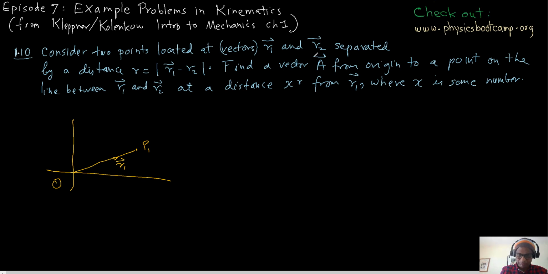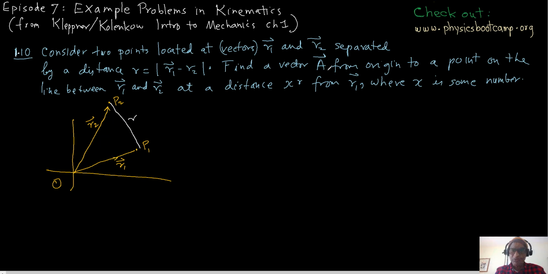It's not given, but I'm drawing it like that. And this is some other vector R2 to point P2. The distance between them is given to be r.